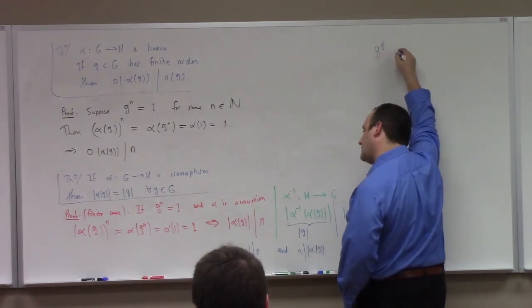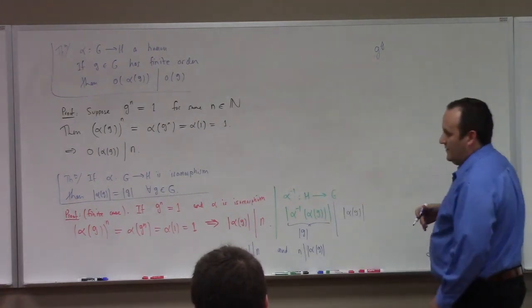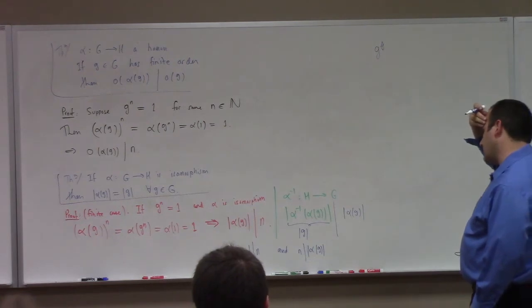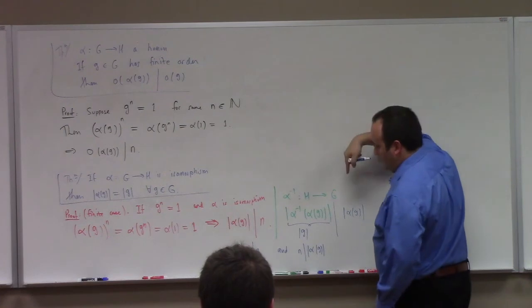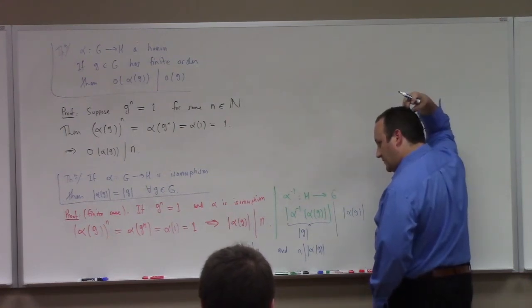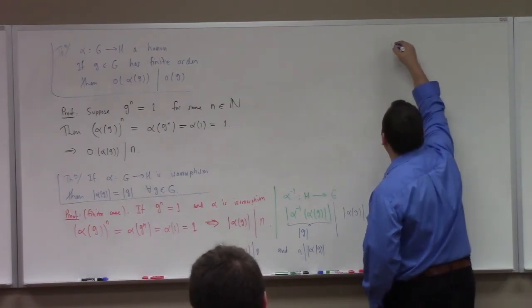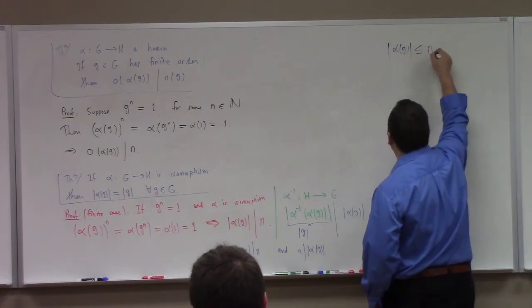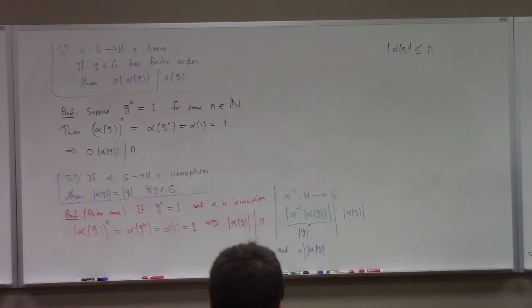Well, the other path to go down, if we don't take Sam's advice, is that I'm trying to show the order of alpha of g is less than or equal to n by this, right? You come up with some j less than n and try to say that. Is this right first, though?